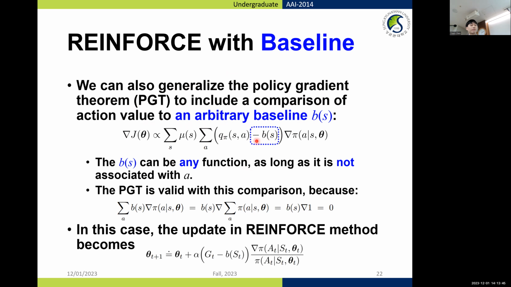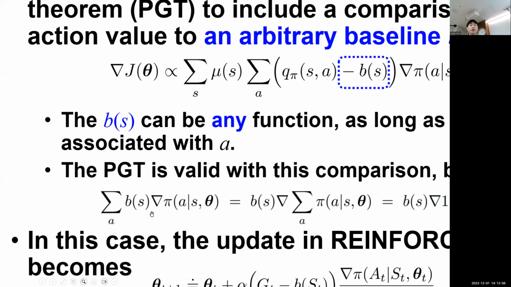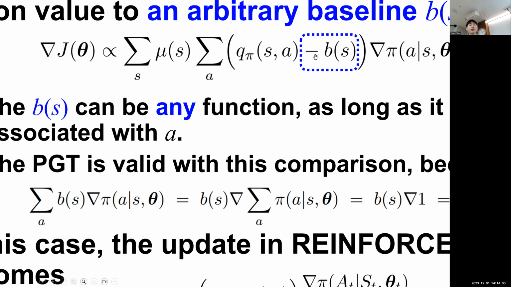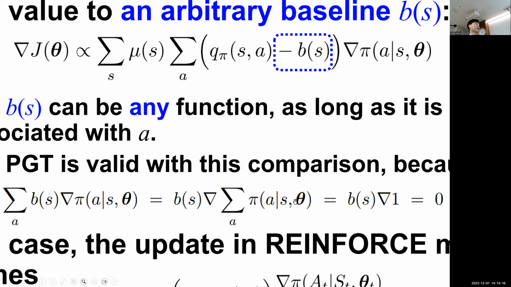The reason we can put minus b(s) here is that when you expand the policy gradient theorem, the minus b(s) times the gradient of pi, because b(s) itself does not relate to the action or to theta, we can safely put the gradient onto pi.